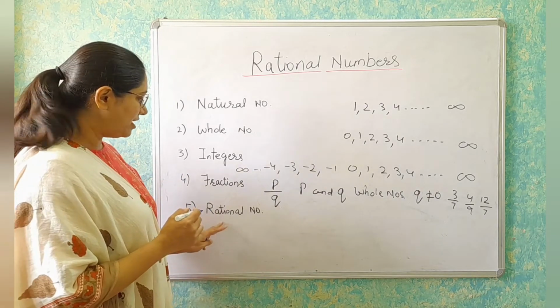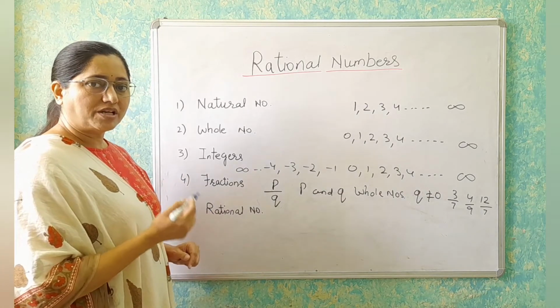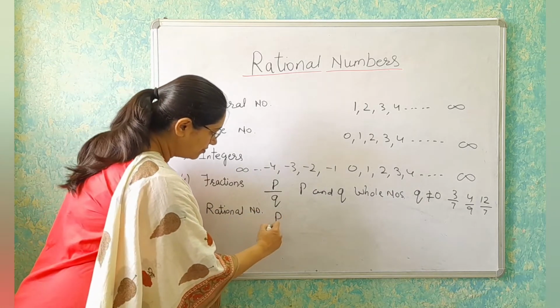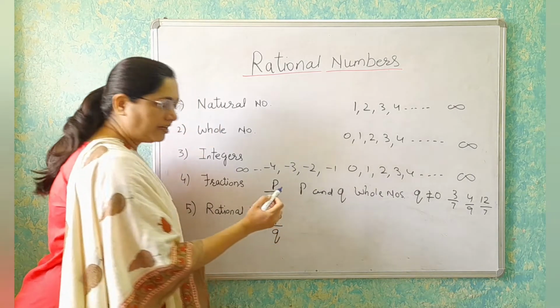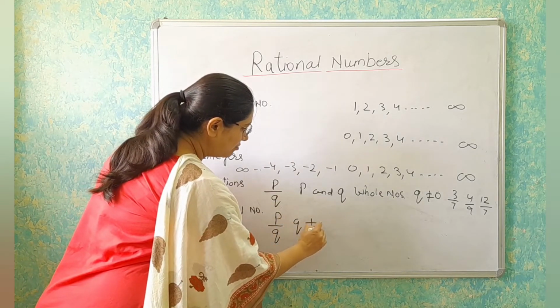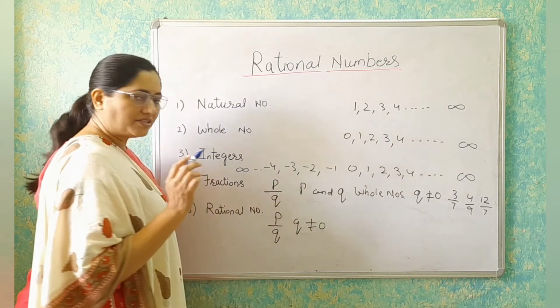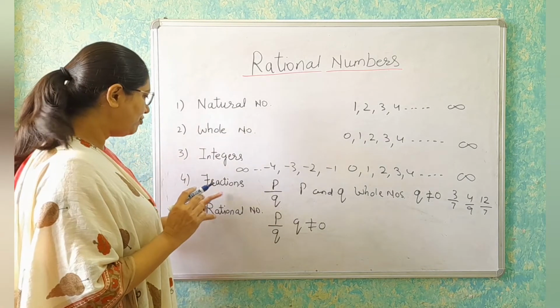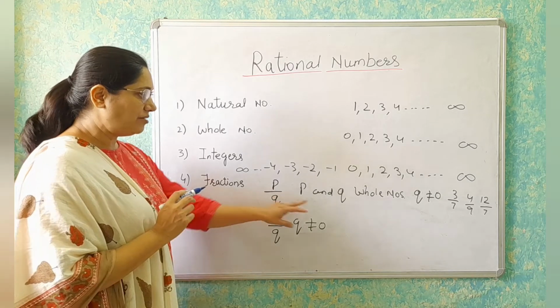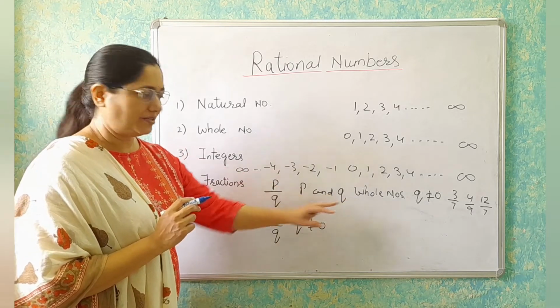Next one is rational number. Rational numbers are also represented in the form p upon q, and again the same condition, that q should not be equal to 0. But still there is a thin difference between fraction number and rational number. In case of fraction number, p and q are whole numbers.